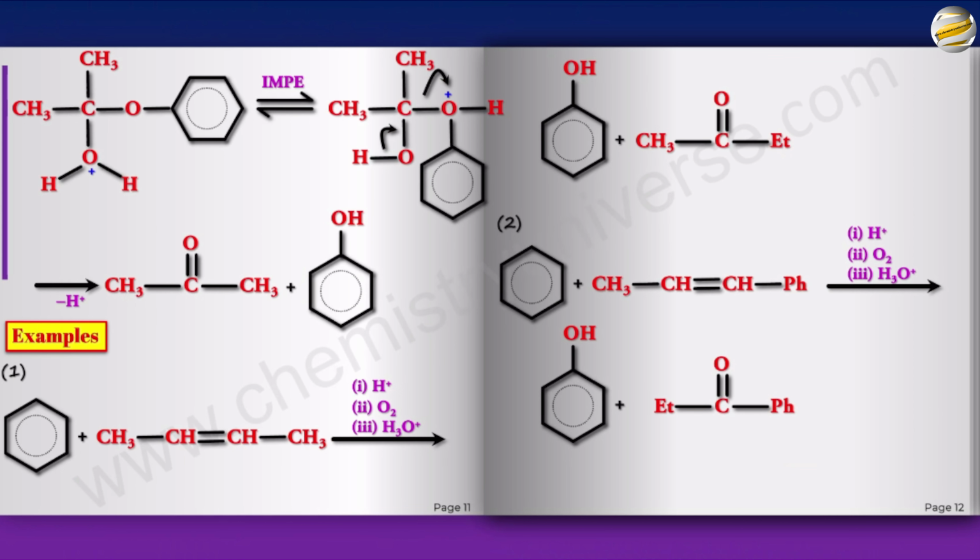Because remember, which carbon gets attached. Now you need to understand which carbon gets attached to benzene. Obviously, the one that can form the carbocation better. This carbocation is better than carbocation here. And wherever you get the carbocation, that is the carbon that will form the C double bond O. That is what you need to infer from the mechanism.